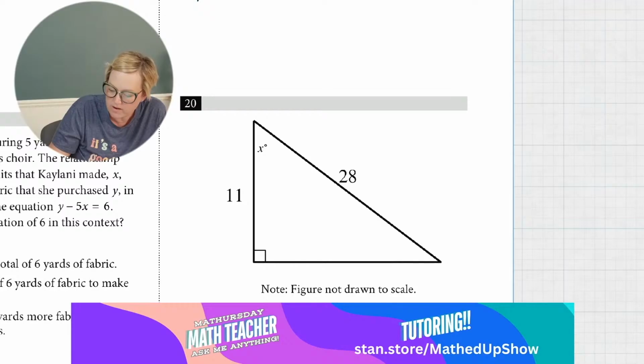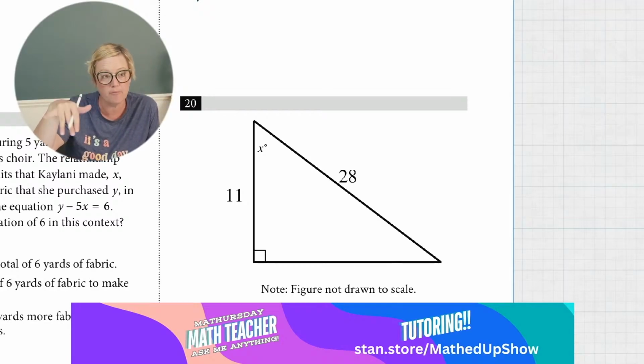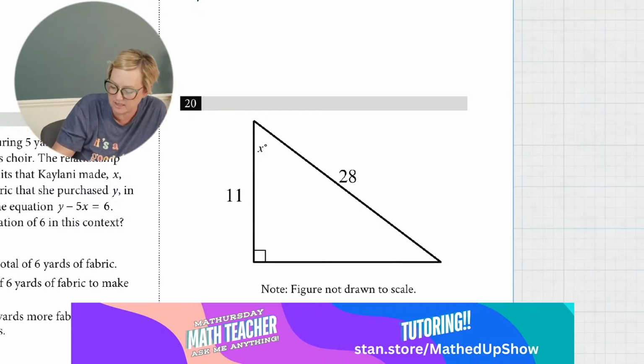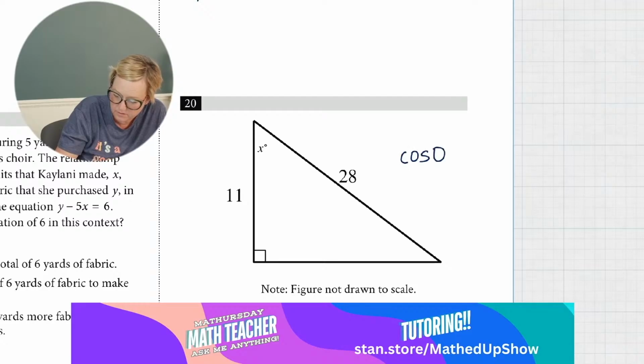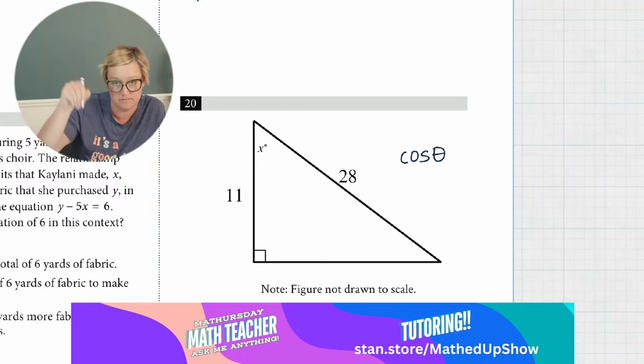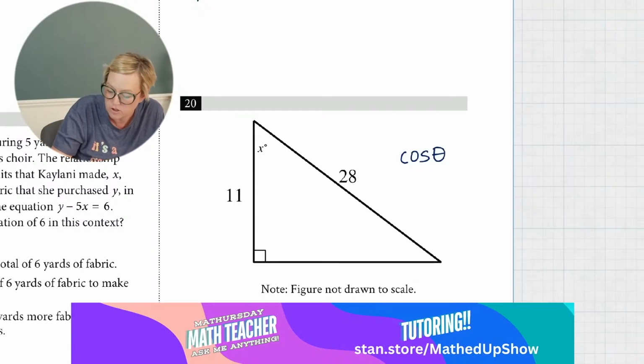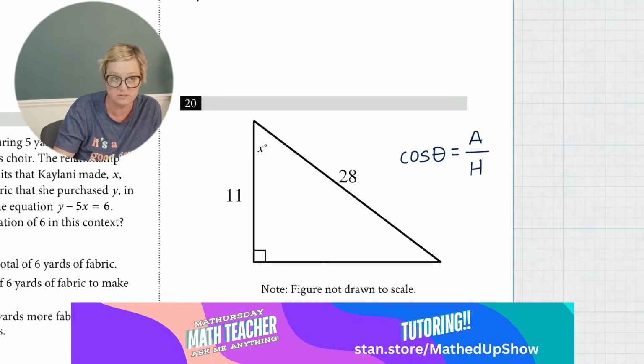So again, we just talked about a tangent problem, right? We said opposite over adjacent. So cosine of an angle, which we call theta, that little zero with the slash through it, is the adjacent over the hypotenuse.